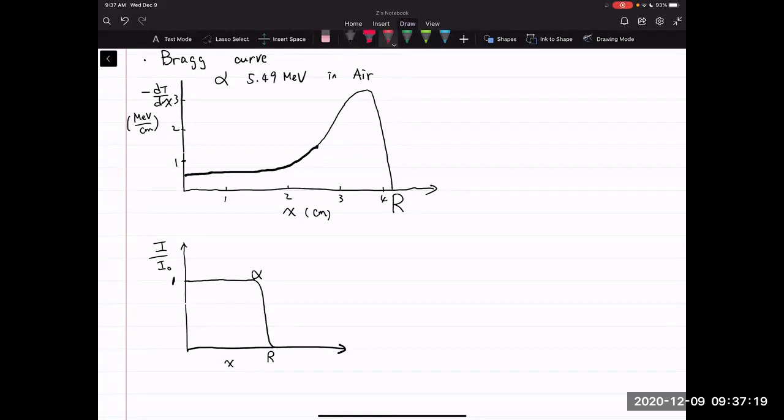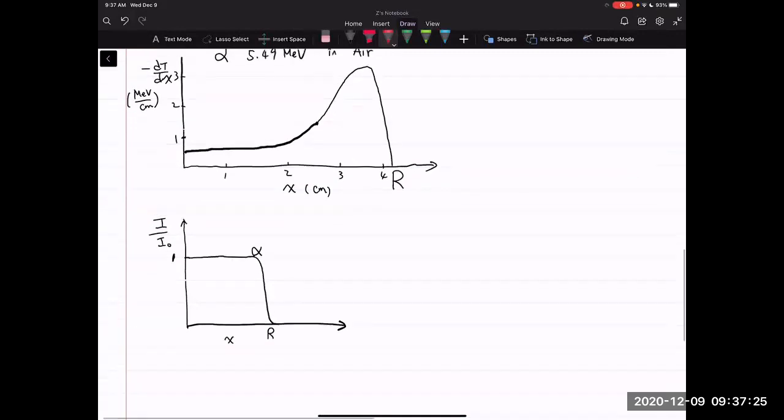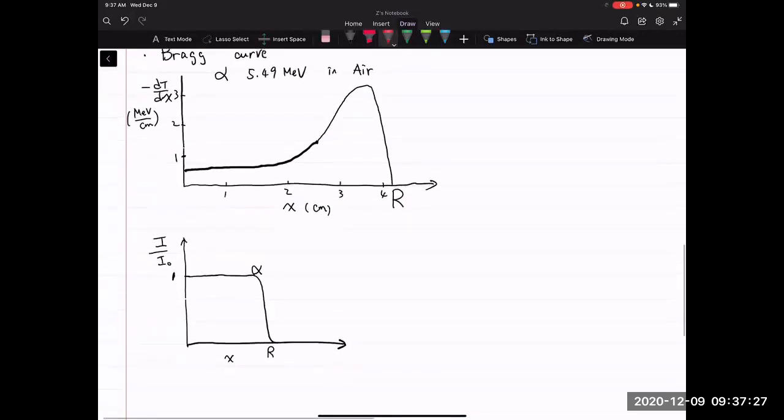So the behavior of light charged particles will be slightly different. The difference lies in that electrons do not have a well-defined range. So the typical behavior of an electron will have a much broader drop off in this intensity.